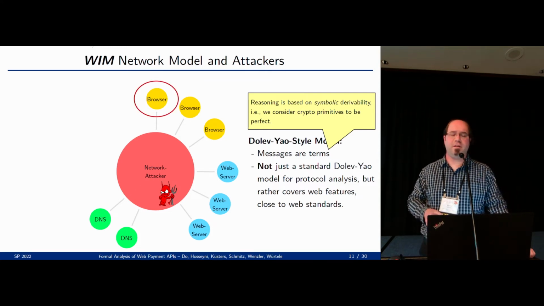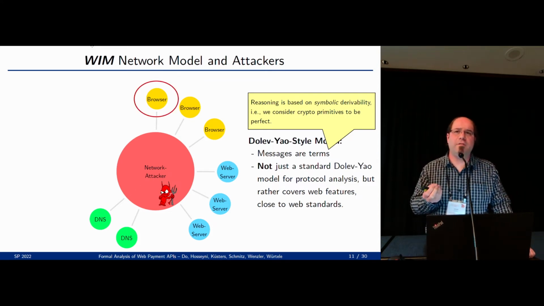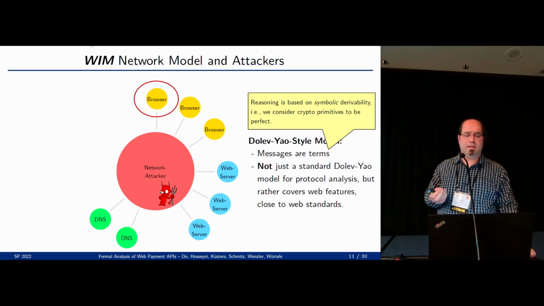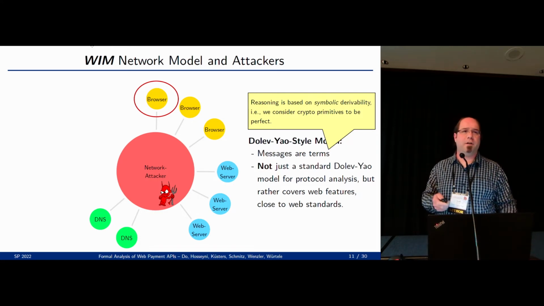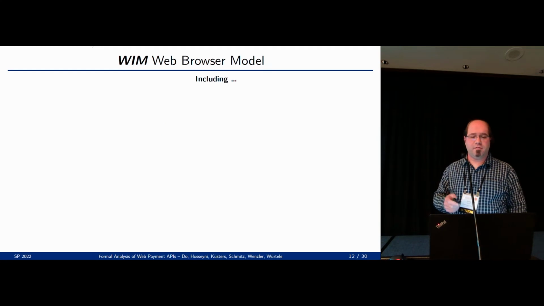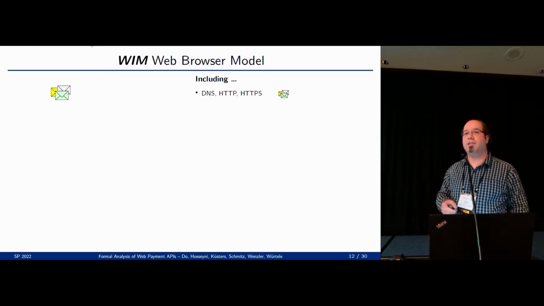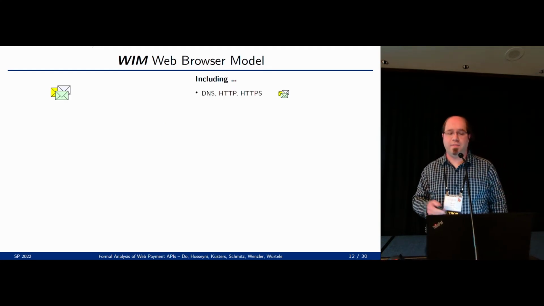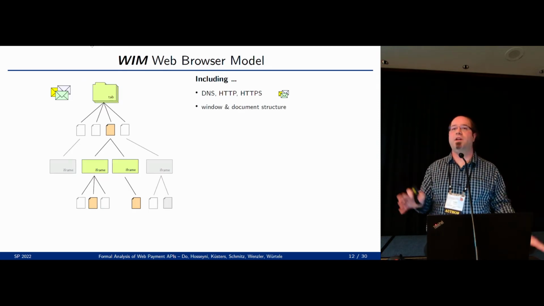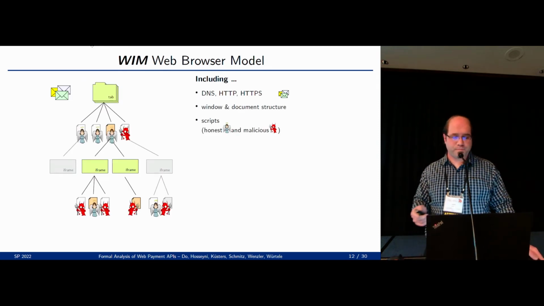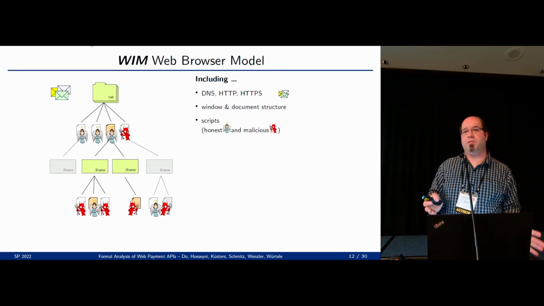So to give you a little taste of the level of detail that the WIM covers, let's have a look at what our browser model includes. So our browser model includes precise handling of DNS, HTTP, and HTTPS messages. We have a detailed window and document structure. Inside each document, we can have scripts.